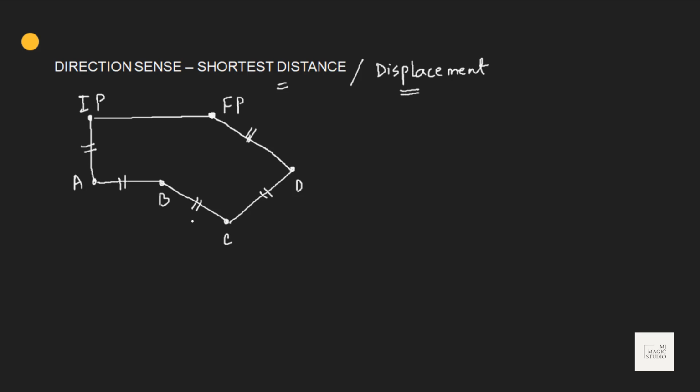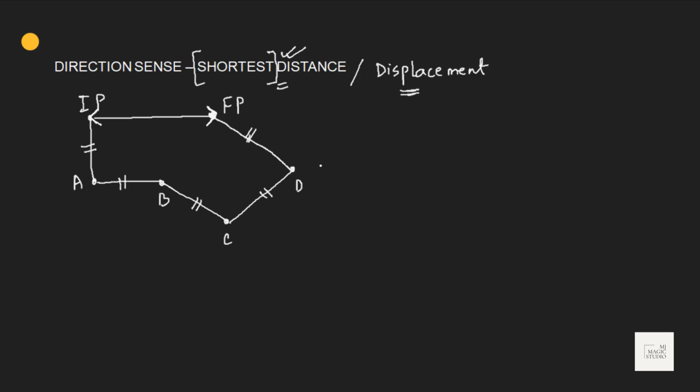So please mark these two words. Whenever the distance between the initial position and the final position is asked, they are looking for the shortest distance between these 2 points. Whether they have mentioned it or not, we are supposed to find the shortest distance whenever the distance between 2 points is asked. But if it is asked what is the total displacement, then the entire track length needs to be calculated.